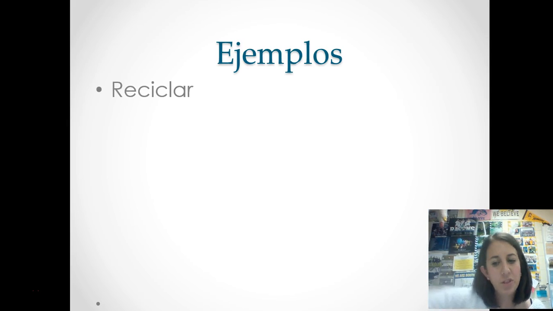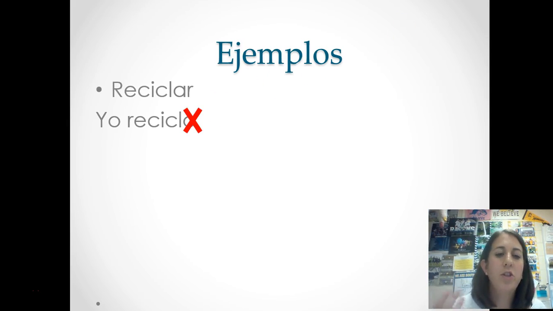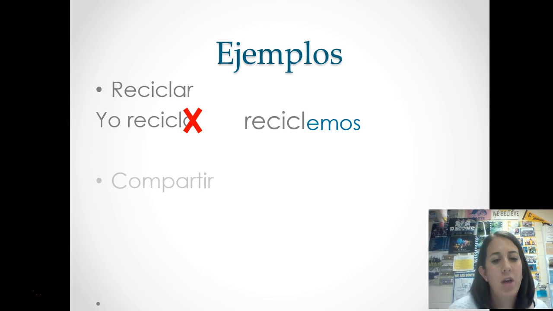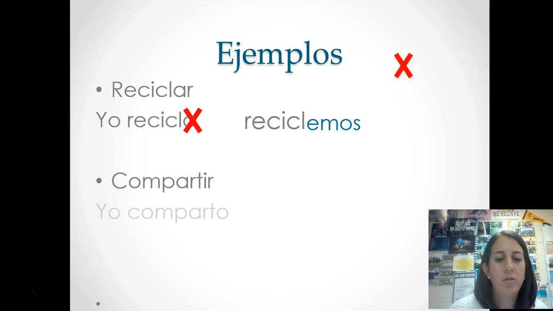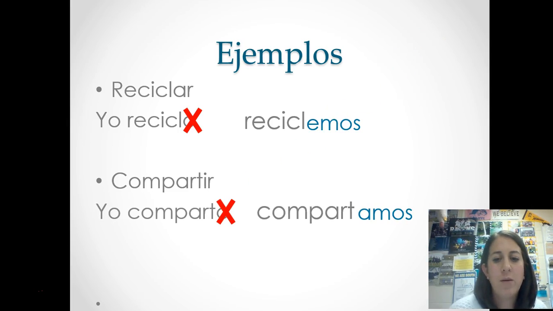So reciclar, let's recycle, would be start in the yo form, reciclo, drop the o, add the opposite ending, would be reciclemos. And then compartir. Notice it's an IR verb, so start in the yo form, comparto, add the opposite ending, compartamos. Okay, let's share.